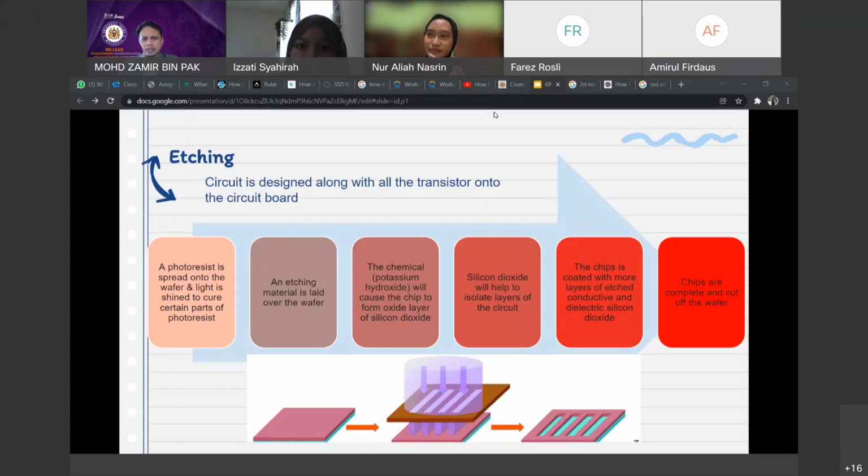Okay, last question. From Faris here, is it possible for 3 nanometer SSD to be made? This is a future question. I think yes. If I'm not mistaken, there are some companies that are doing the R&D right now and are figuring out how to make this thing smaller but much more efficient.